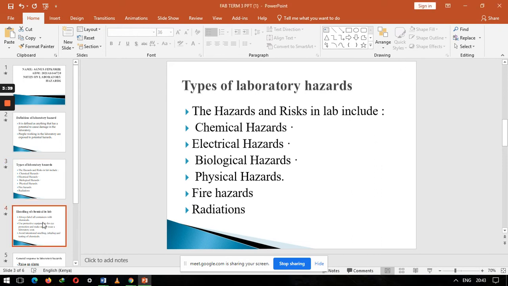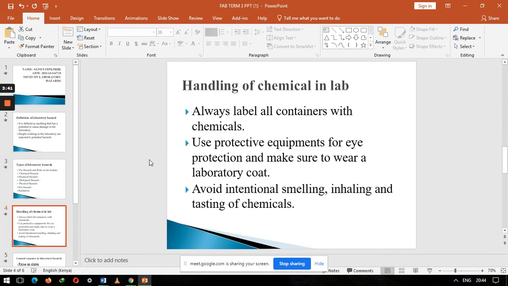Just to continue, we have handling of chemicals in the laboratory. As we all know, chemicals are very corrosive or dangerous in the laboratory, and we have methods of handling or storing them. What are some of the ways of handling or storing these chemicals?